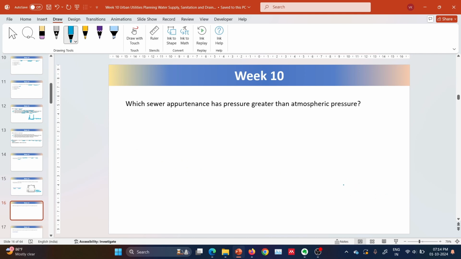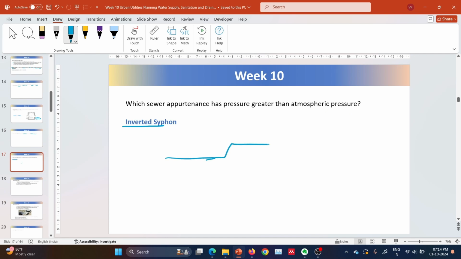Which sewer appurtenance has pressure greater than atmospheric pressure? This is the inverted siphon. In an inverted siphon, suppose there is a railway embankment.